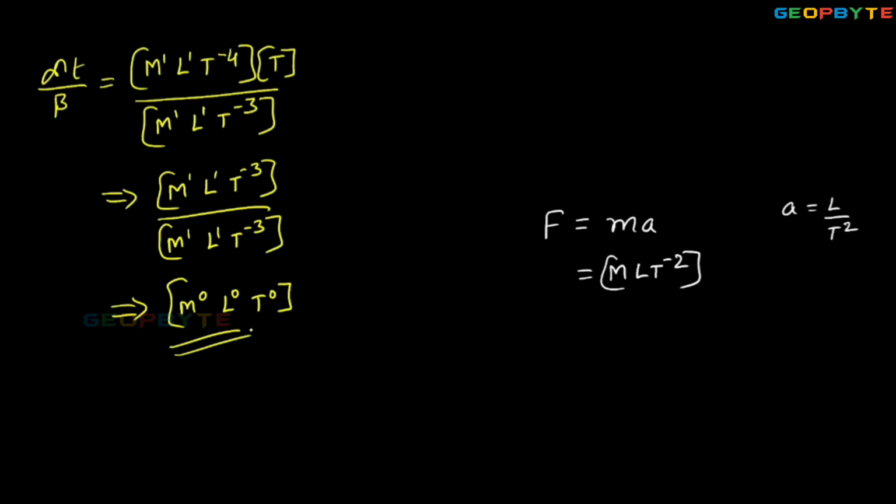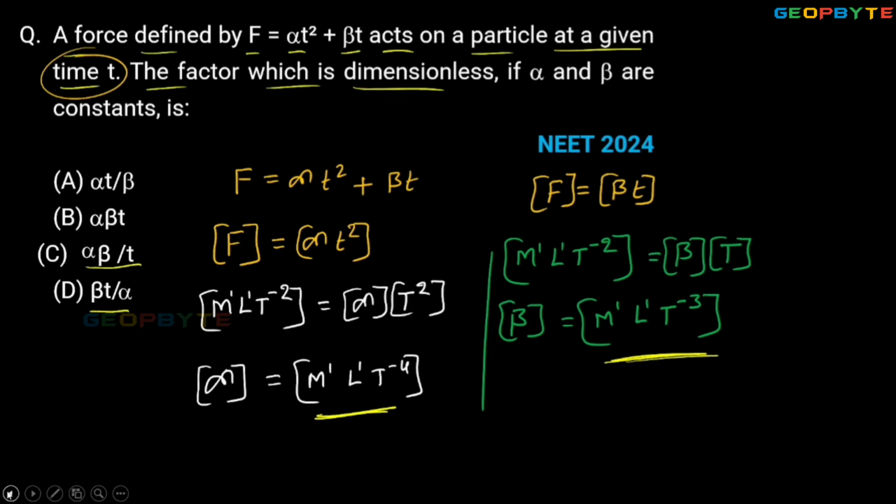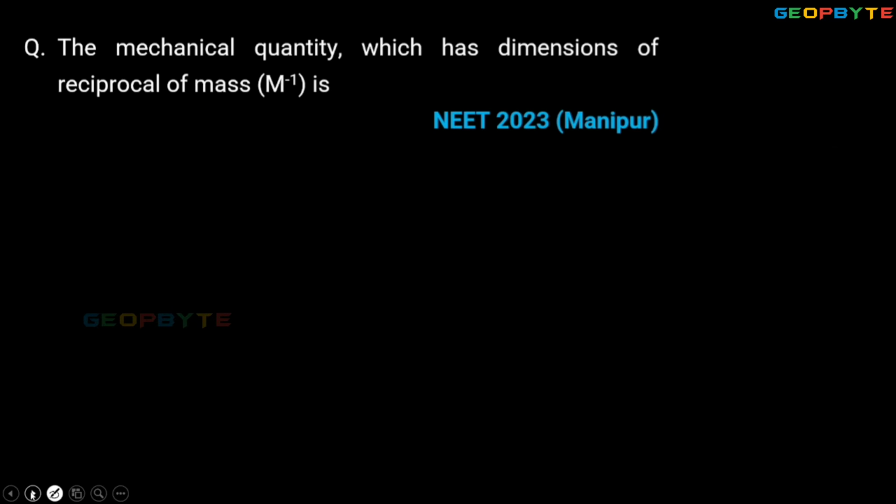Therefore option A itself is absolutely correct, because he is asking for the quantity which is dimensionless. Understood clearly? The same way, let's take another important question.